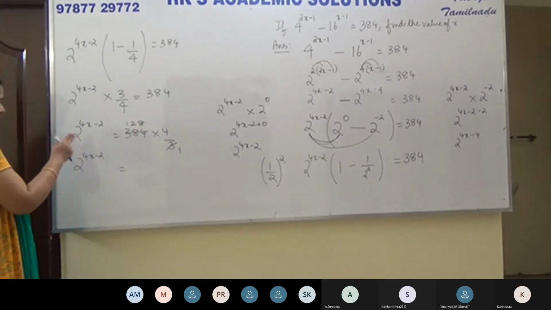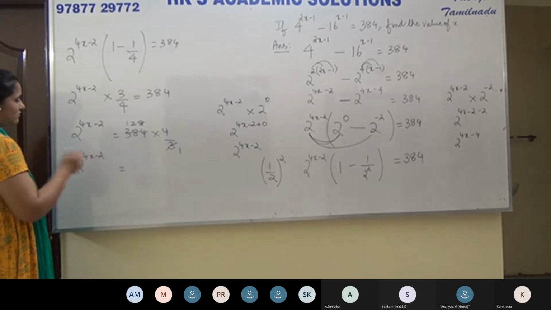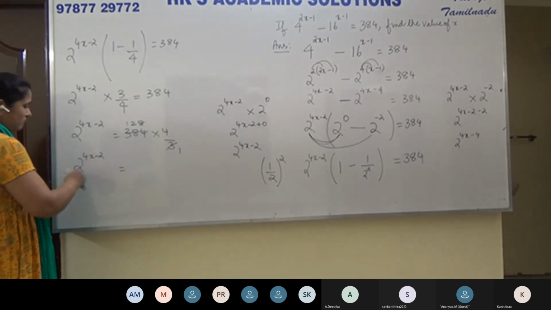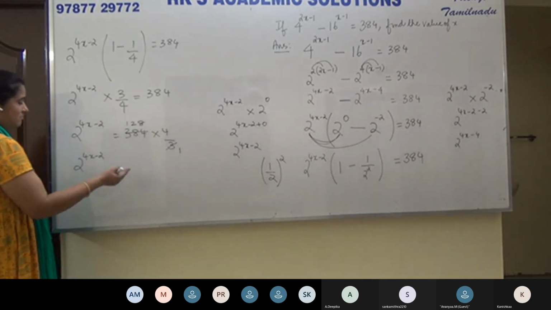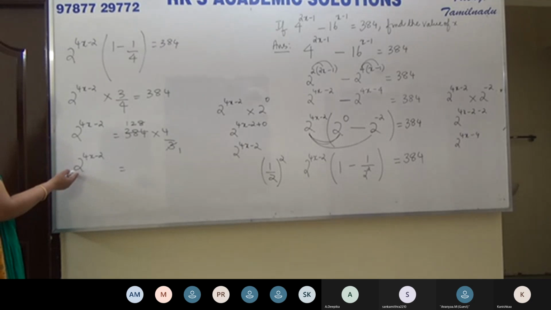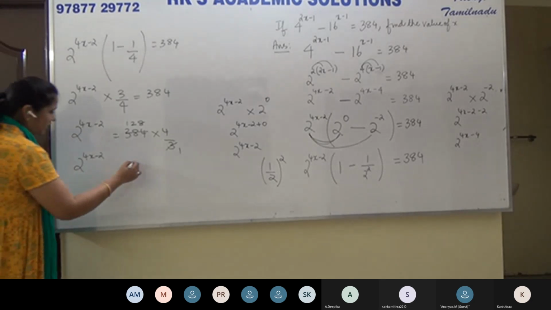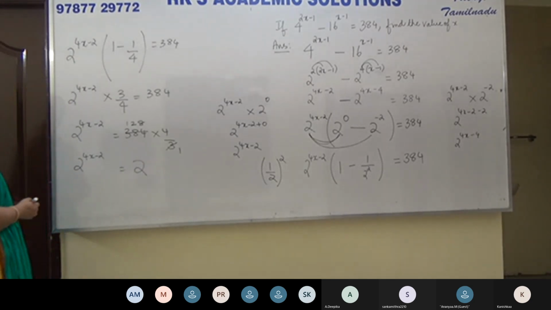So in order to solve and find the value of x, we need to have both the sides in the same base. And in the LHS, since we have base 2, we need to write the RHS also in base 2.